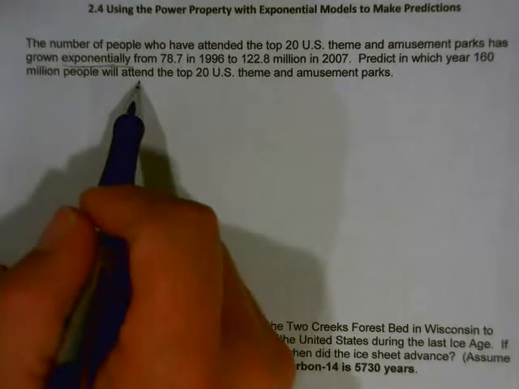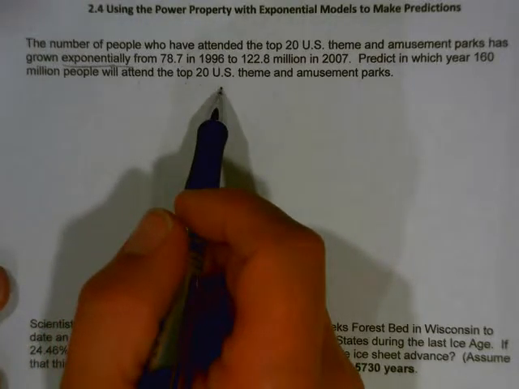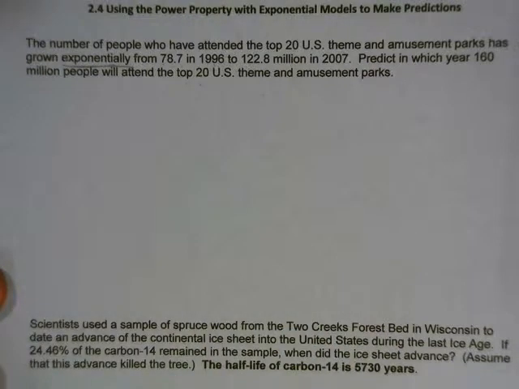Predict in which year 160 million people will attend the top 20 U.S. theme and amusement parks. So again, before we begin this, we have to come up with our formula so that we can use this.